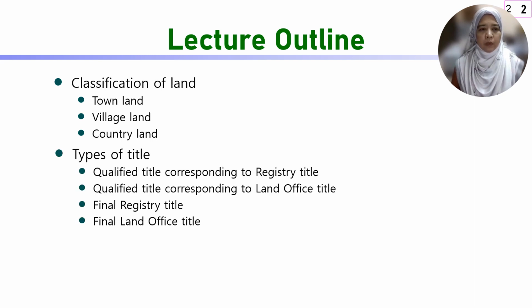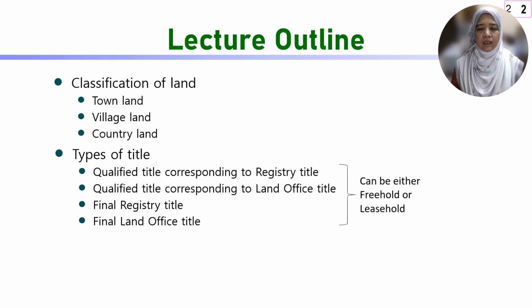And the second topic will be types of title. As we've discussed in class, there are two types of title, which are qualified title, temporary title, and then we have the final title. Qualified title can be divided into registry and land office title. Final title can also be divided into registry title and land office title. So therefore, we have four types of titles.